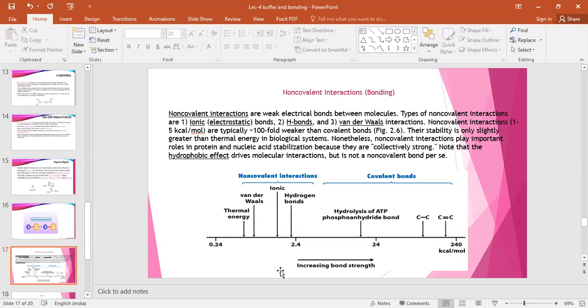So you can easily break that bond by just pulling the molecules apart or by giving thermal energy or any such thing. You can break that bond easily, but you cannot break the covalent bond. Why? Because the strength of that bond is very high.